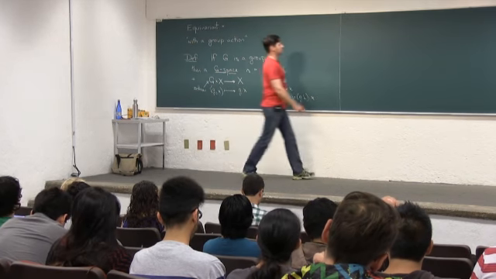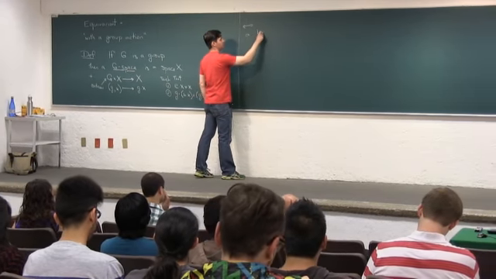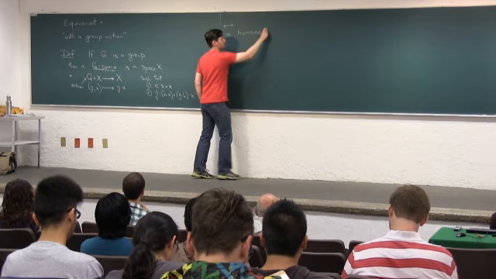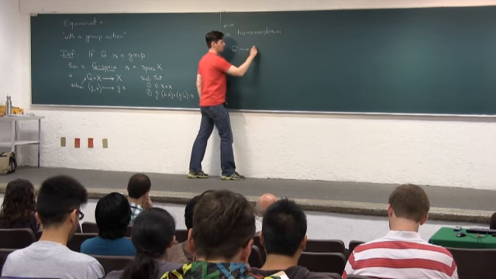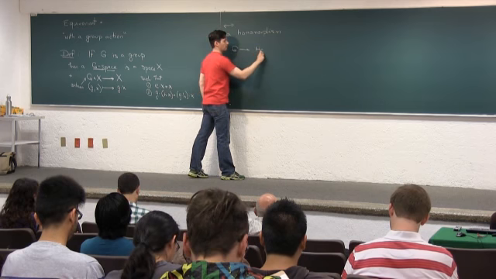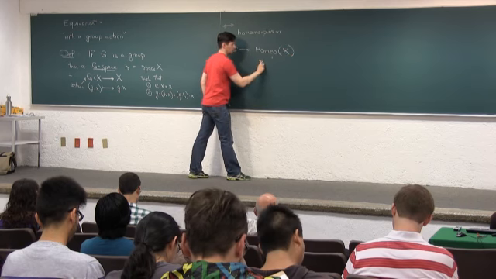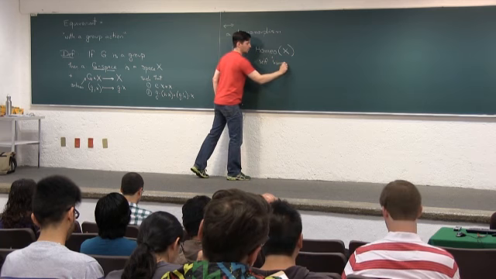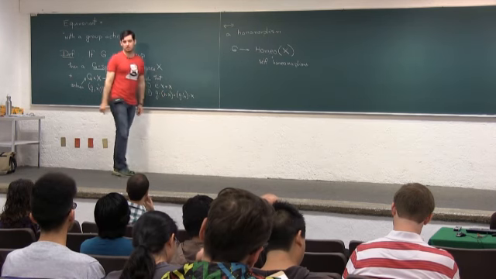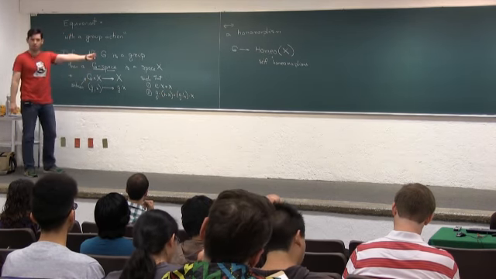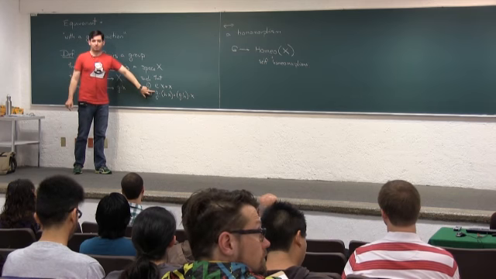One of the ways I can think about this is that this data is the same as giving myself a homomorphism from G into the self-homeomorphisms of X. Of course, since G was actually a group, I could have just mapped into the self-maps of X, and then they would necessarily be homeomorphisms because every element in G acts invertibly by this property.